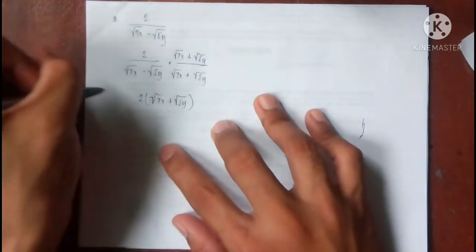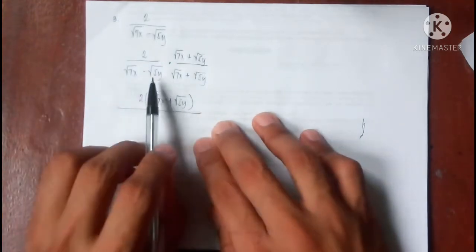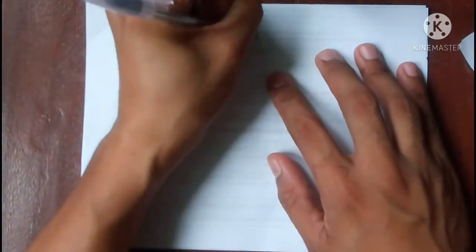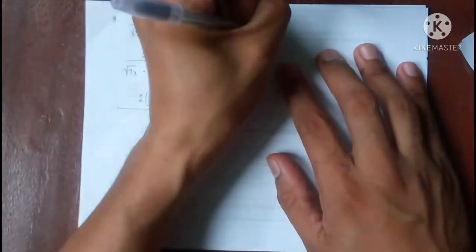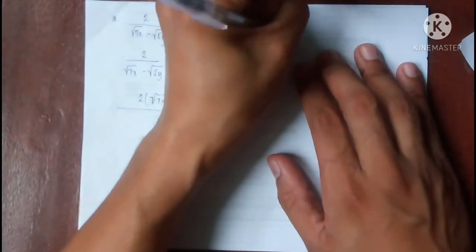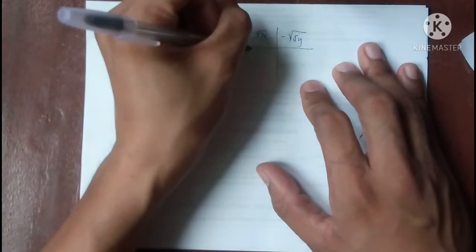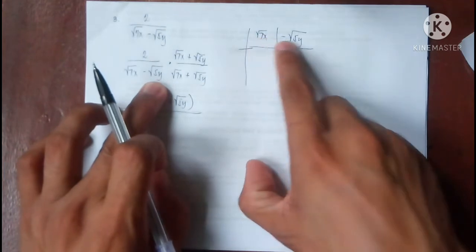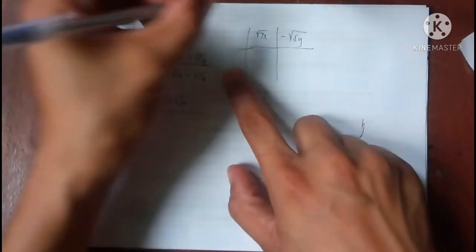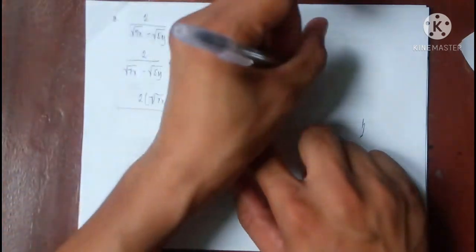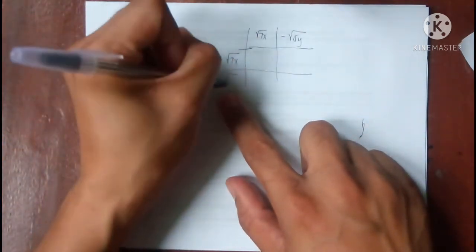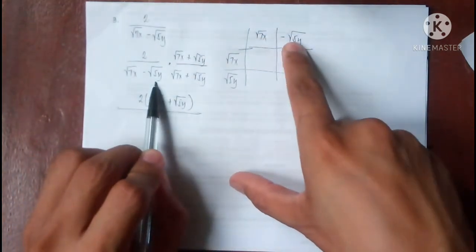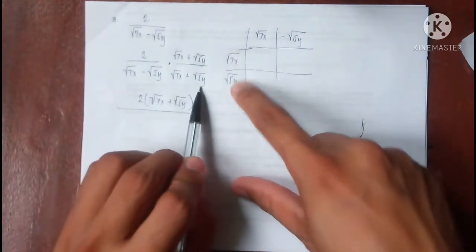Okay, so ang denominator naman natin, eto na yan. Dito ko gagawin siya in this way. So square root of 7x minus square root of 5y. Okay, and then, ito yan, etong negative square root of 5y, ito naman siya. So dito naman, square root of 7x and then square root of 5y. So positive. So again, negative square root of 5y, ito square root of 7x, square root of 5y.